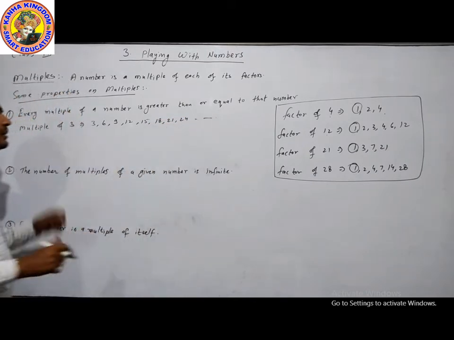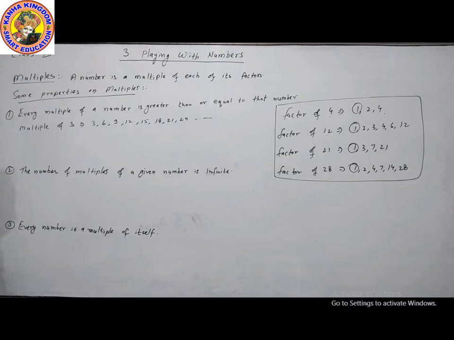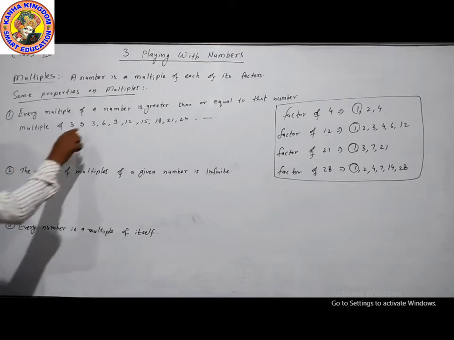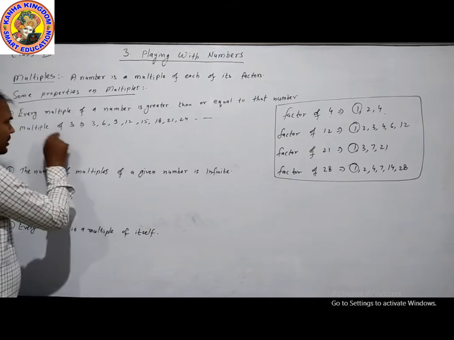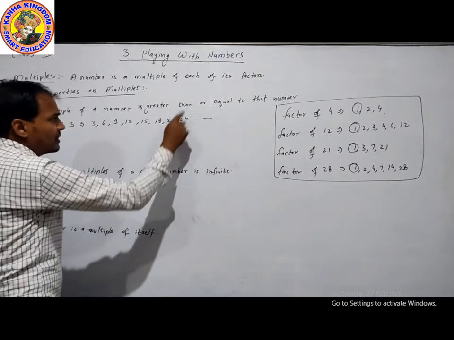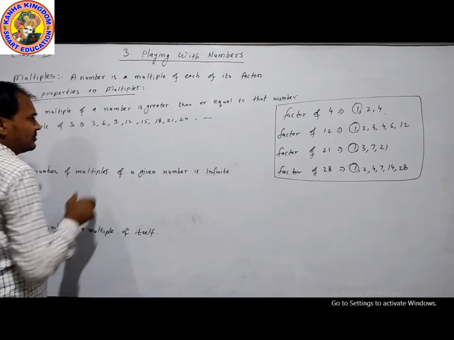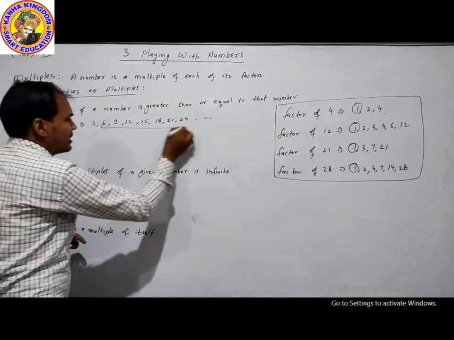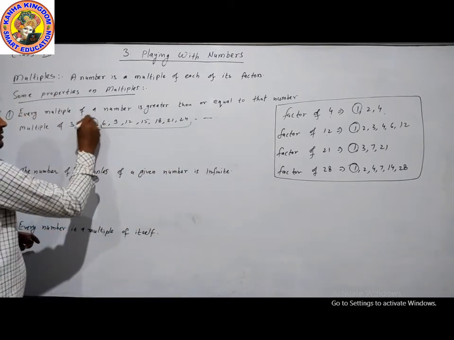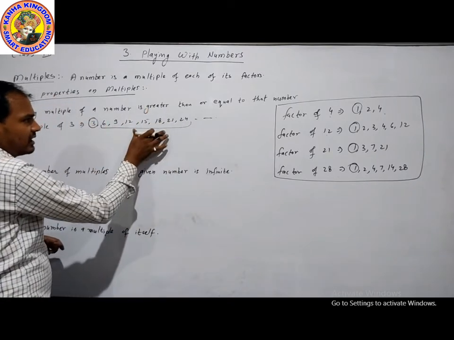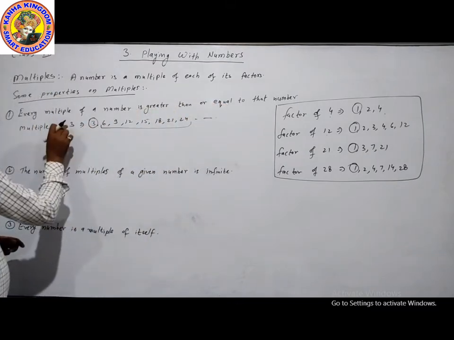This is the table of 3. So we can find the multiples of 3 by the values of the table of 3. They are greater than or equal to that number.